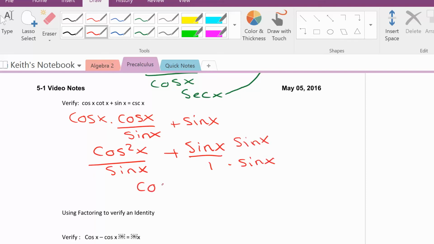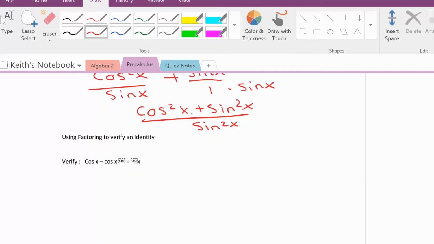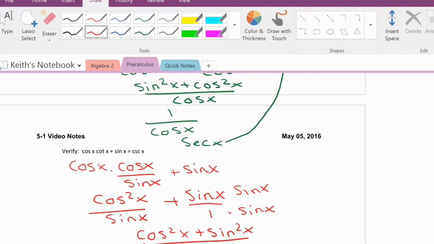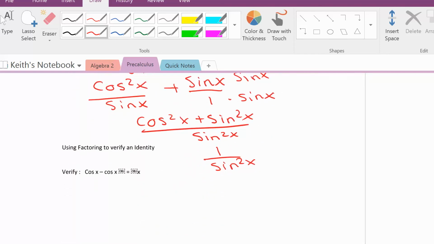So it becomes cosine squared plus sine squared over sine squared. And then cosine squared plus sine squared is 1 over sine squared. Sorry, 1 over sine. No squared there. I made that up. So it becomes 1 over sine, which is equal to the cosecant.